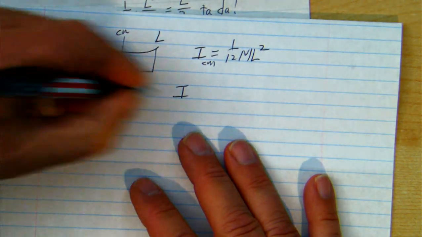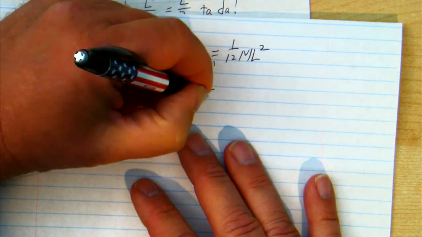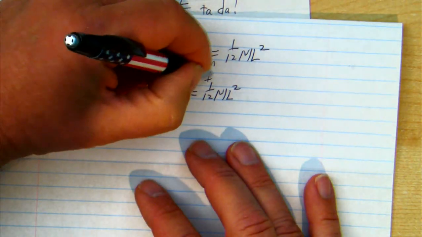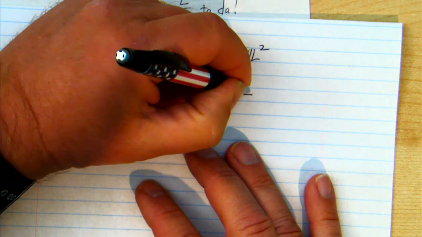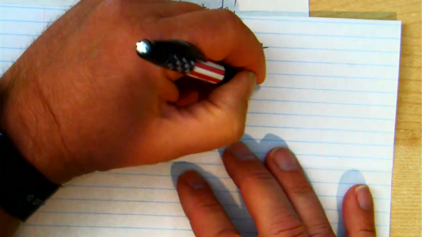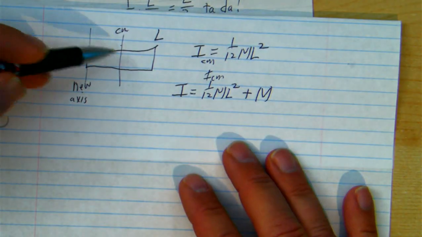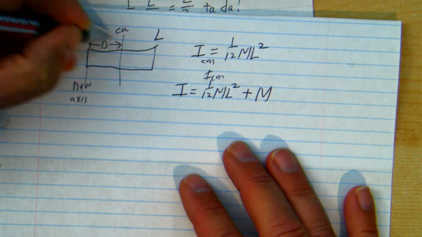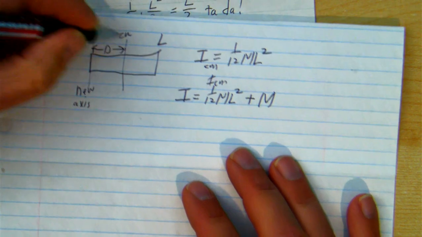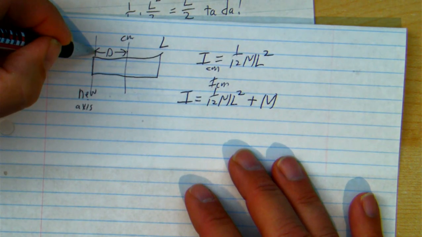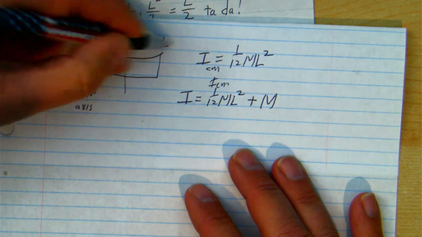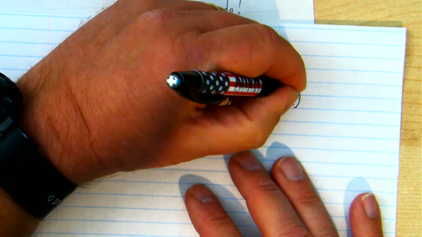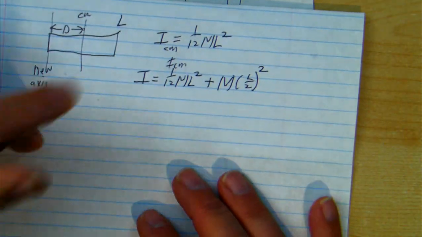Well, this new moment of inertia is equal to 1/12 ml squared, the moment of inertia through the center of mass, plus the mass of this rod times the square of the distance d from the center of mass to the new axis. In this situation, this distance is 1/2 L. Okay, you guys do the math.